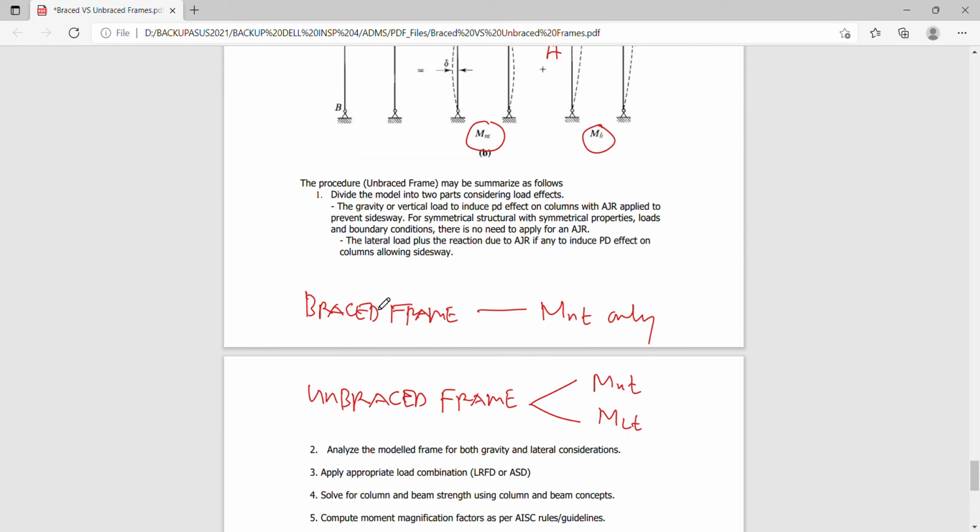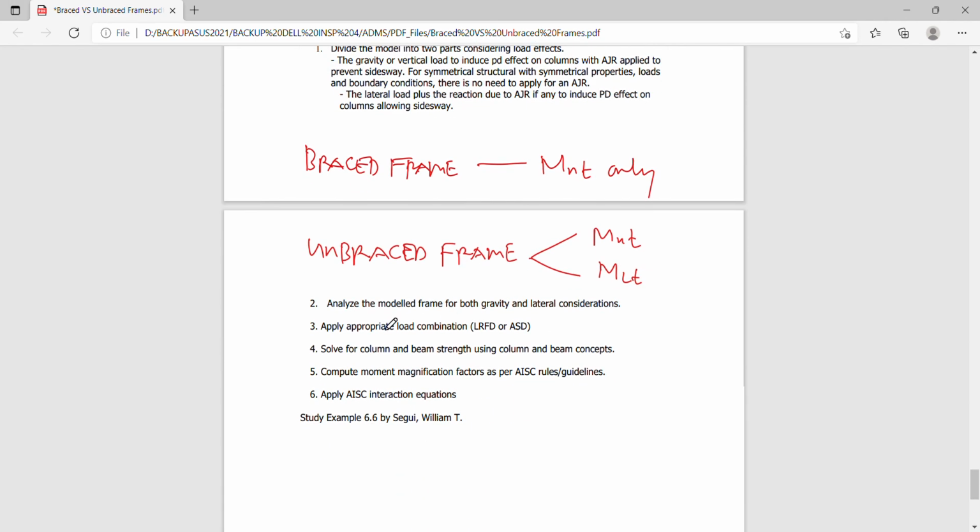And I make a summary of how the unbraced frame works. So the first step is to divide the model into two parts, the gravity model and the lateral load model, as described on the figure. Then we analyze the model frame for both gravity and lateral translation.